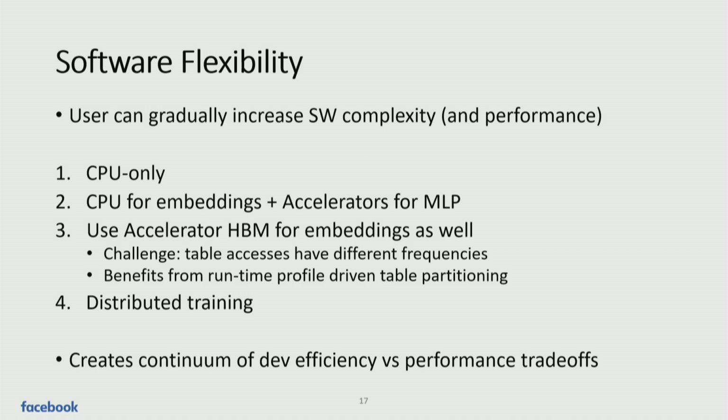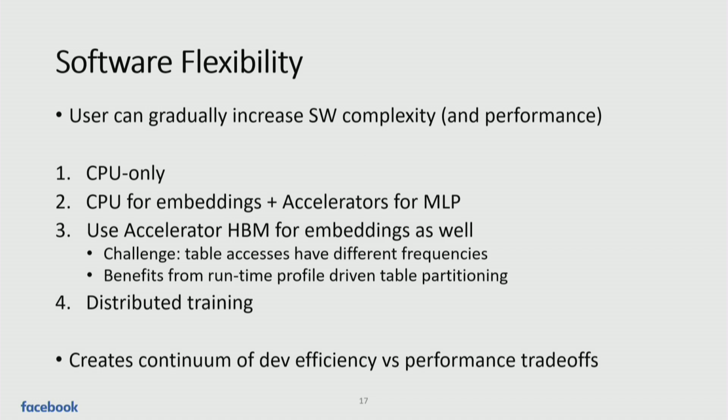So as somebody who is starting to use the system with a new workload, they can start with a CPU 8-socket only. Once they get used to it, they can try offloading part of the model to the accelerator. For example, MLP, those are pretty simple to offload, those are just fully connected layers.